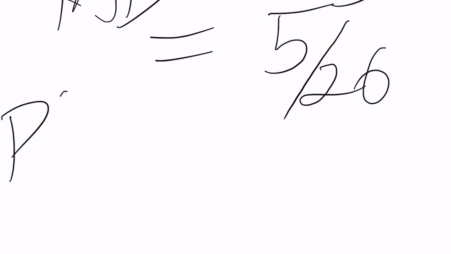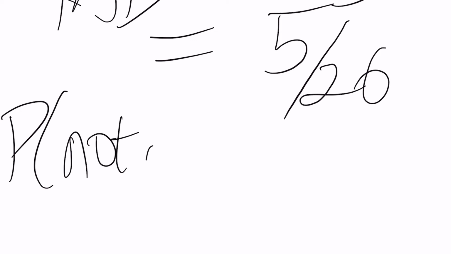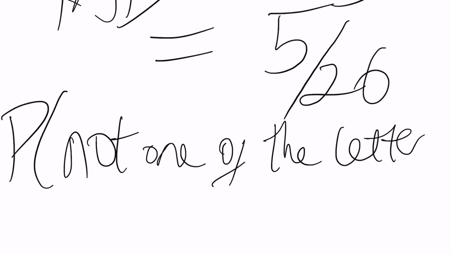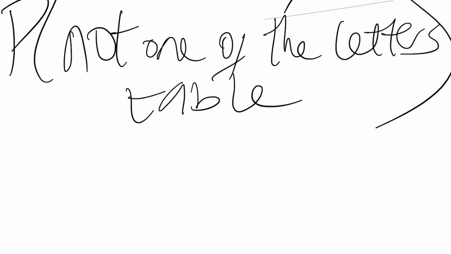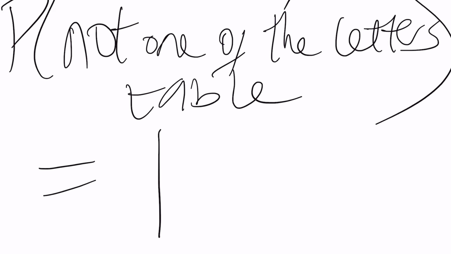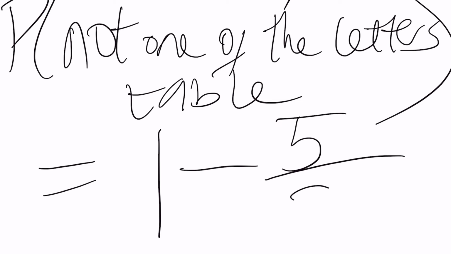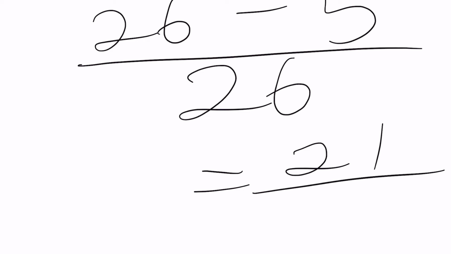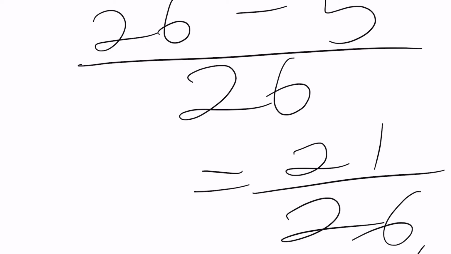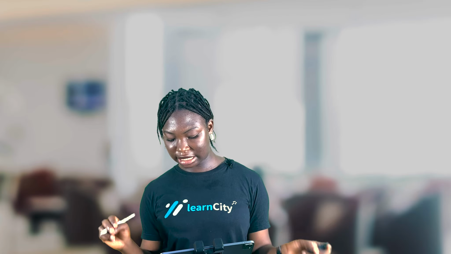So the probability of not one of the letters of table will now be equal to 1 minus 5/26. We have 26 minus 5. This will now be 21/26. So not one of the letters of the word table is now 21/26.